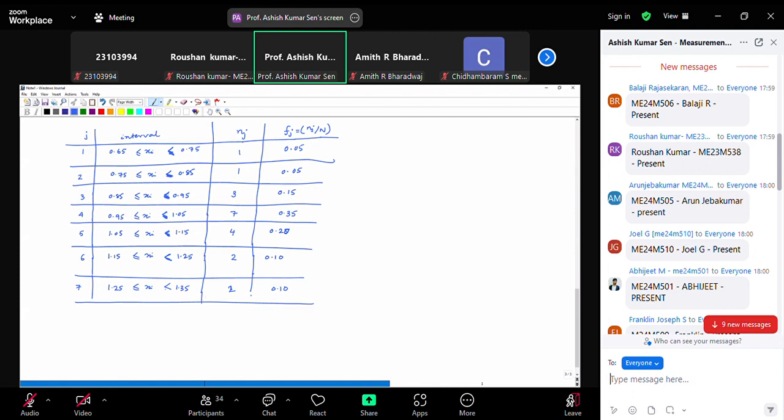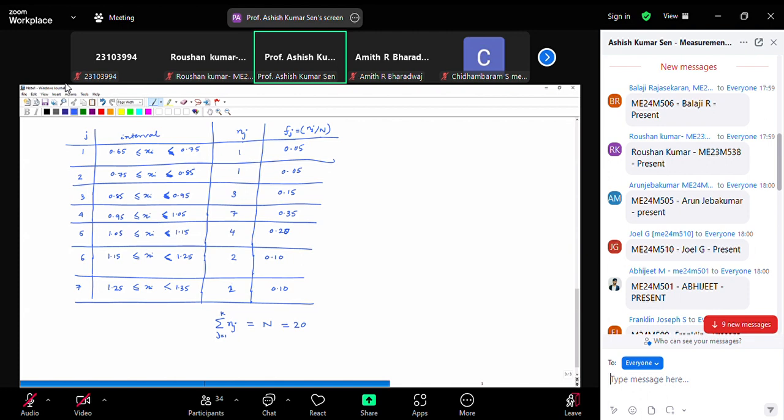So there are certain things that you need to check. One is that if you add all the nj's, the sum of nj from 1 to some k should be equal to the total number of data points, and in this case it should add up to 20. So 2 plus 3 is 5, 7 is 12, 16, 18, 20, right?